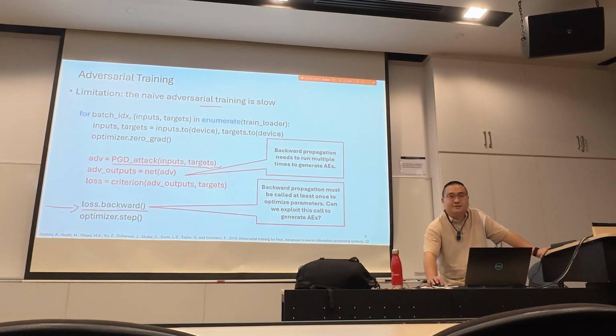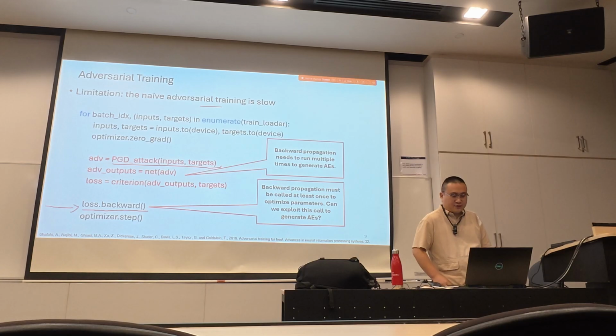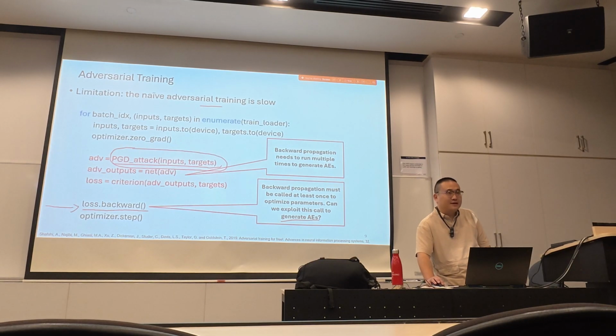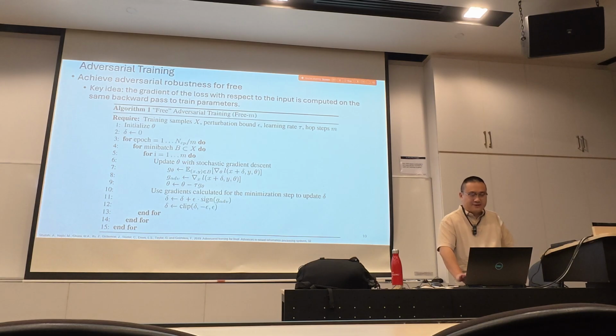So can we exploit this to generate attacks? Instead of generating attacks using a separate function, can we use the gradients that are calculated here? If we can reuse the gradients, we save a lot of computation for adversarial training. And the answer is yes.